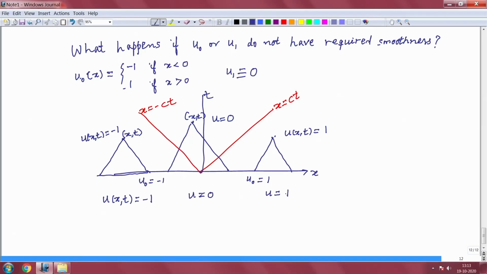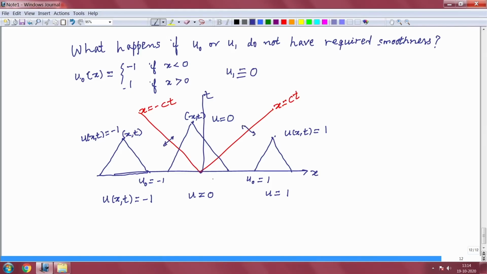So, what we see here is 3 different regions separated by 2 characteristics, x equal to -C t and x equal to C t. In each region u is as smooth as u0, in fact C infinity, since these are constant functions, no problem there. And you see it has a jump discontinuity across each characteristic.